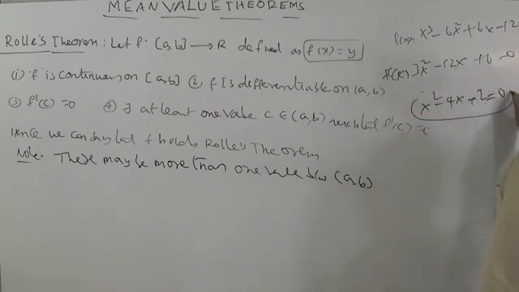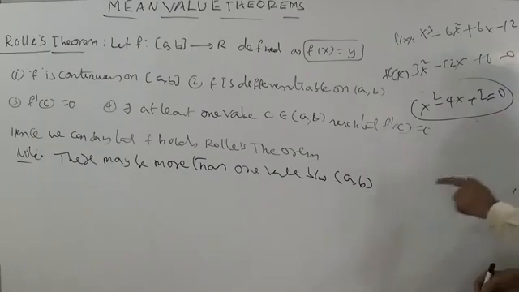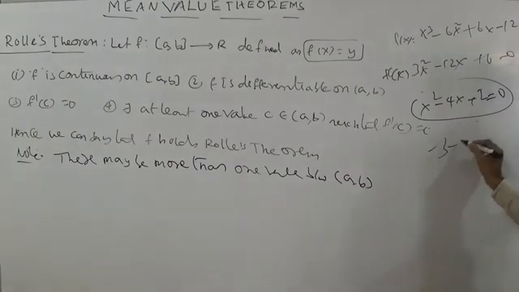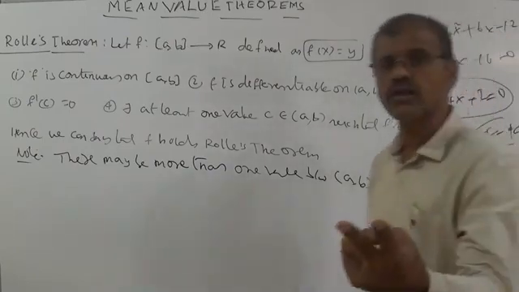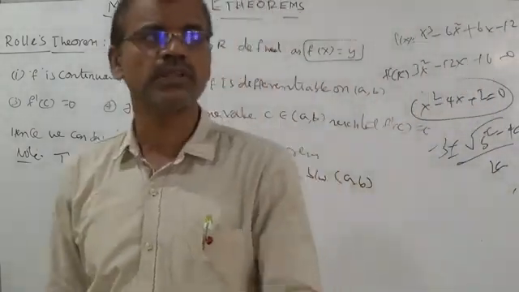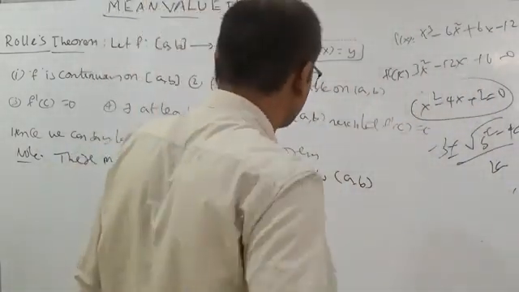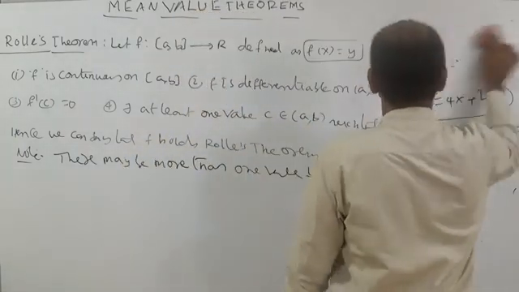By using the formula minus b plus or minus root of b square minus 4ac by 2a, you can say that two values are there, not only one; two or three maybe, depending upon the curve. The values exist according to Rolle's theorem.